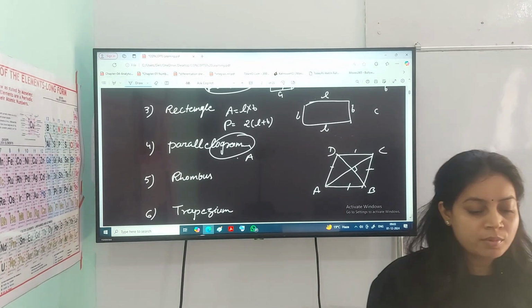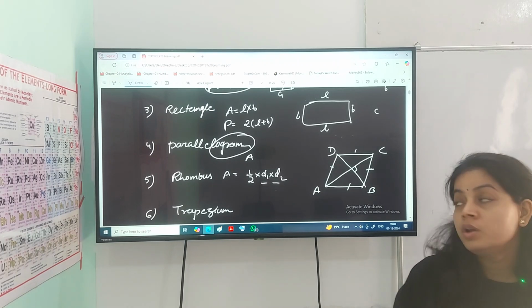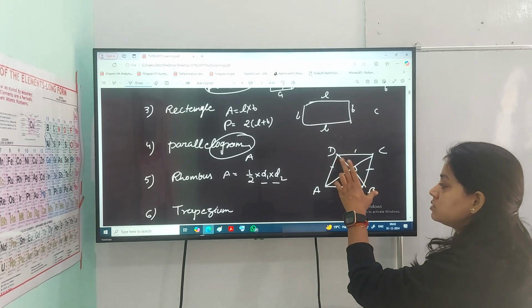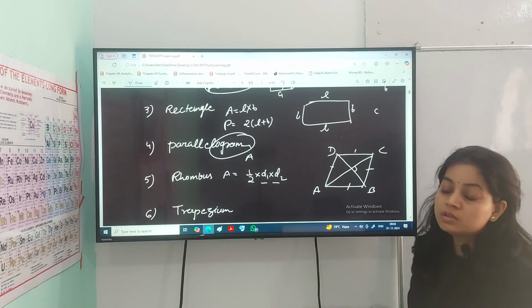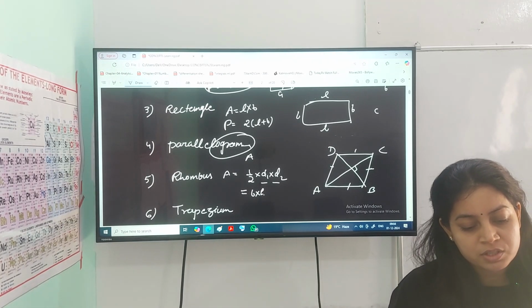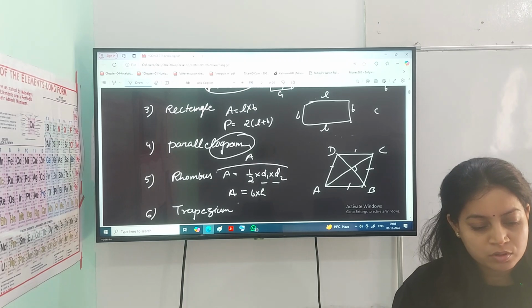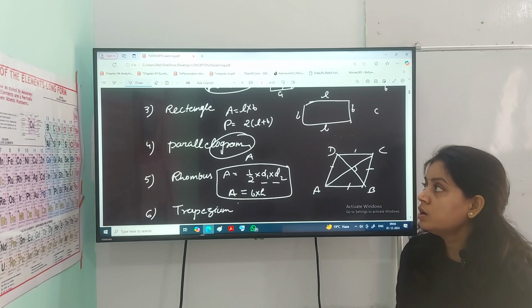So we have another formula for the area of the rhombus, 1 by 2 into d1 into d2. What are d1 and d2? d1 is the first diagonal of the rhombus, and d2 is the second diagonal. And we can also calculate the area from base into height, as it is a parallelogram too. So we have two formulas for the area of the rhombus.